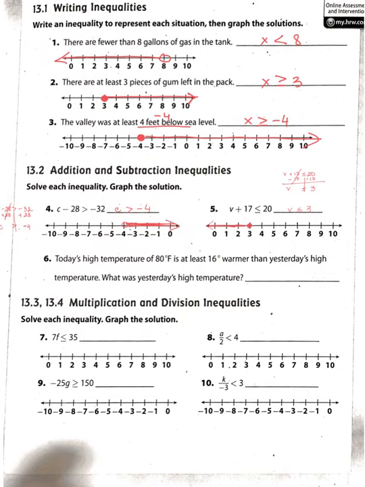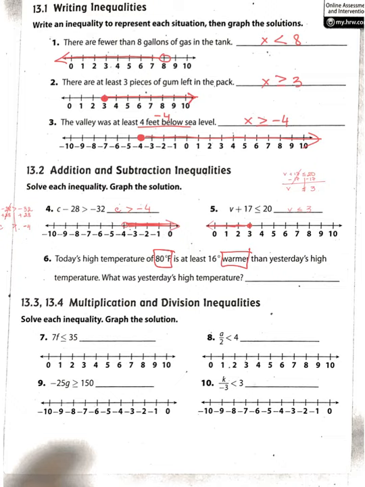Number 6, today's high temperature is 80. It's at least 16 degrees warmer than yesterday's high temperature. What was yesterday's high temperature? So today is 80 and it's warmer. So yesterday will be colder, or not as warm as today.